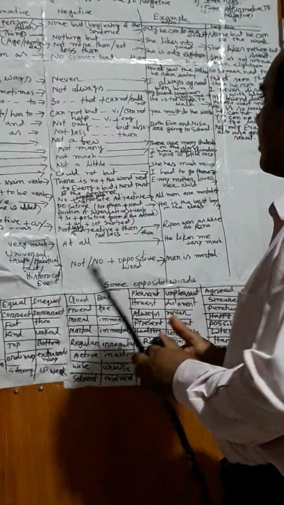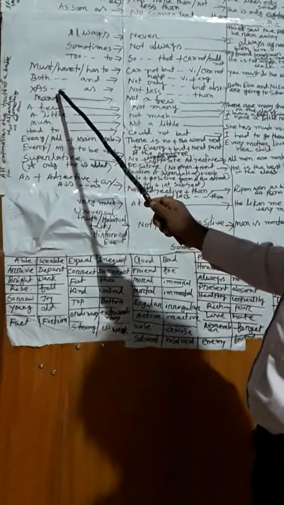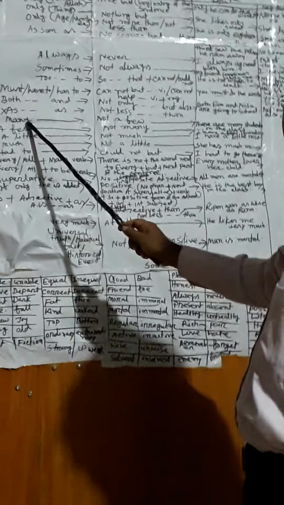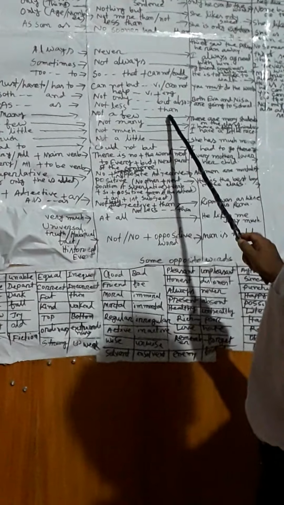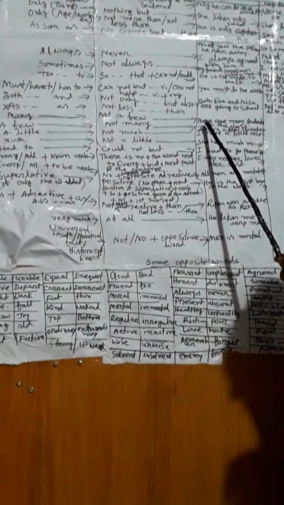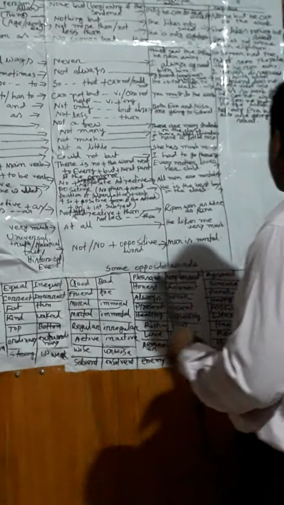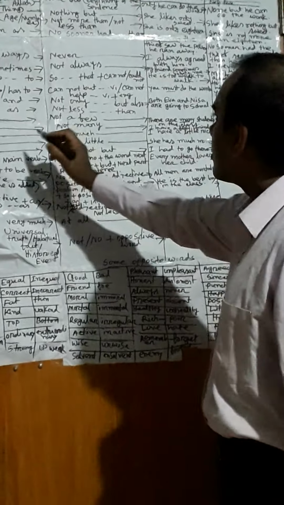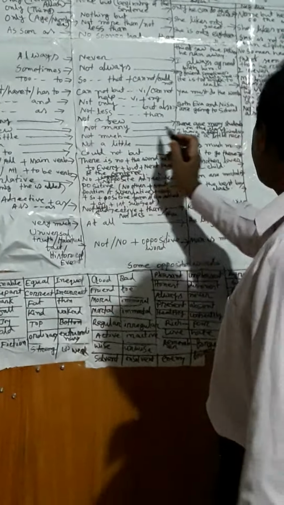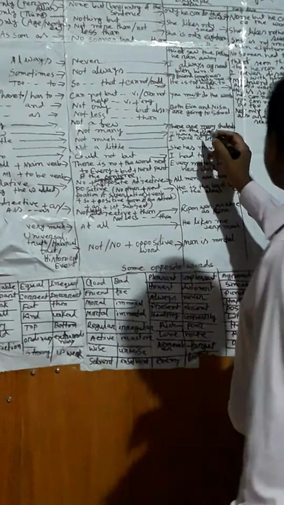Then I will move to another rule, that is, if you find many in an affirmative sentence, then you have to use not a few in a negative sentence. For example, there are many students in the class. So you have to use not a few instead of many in a negative sentence.